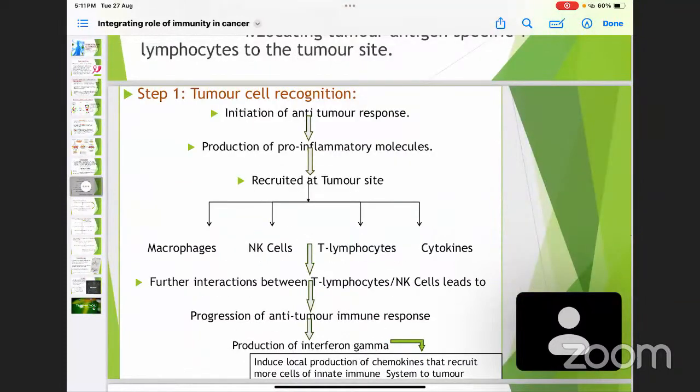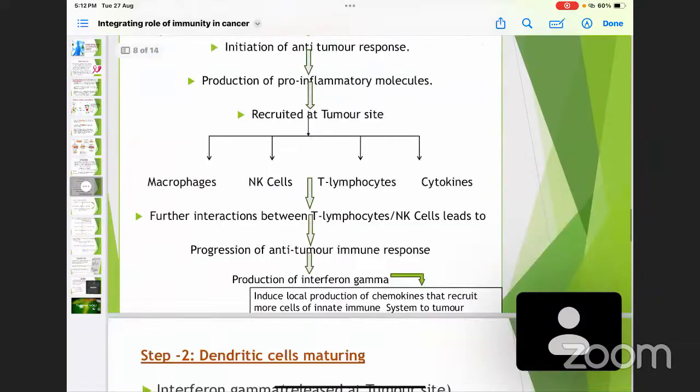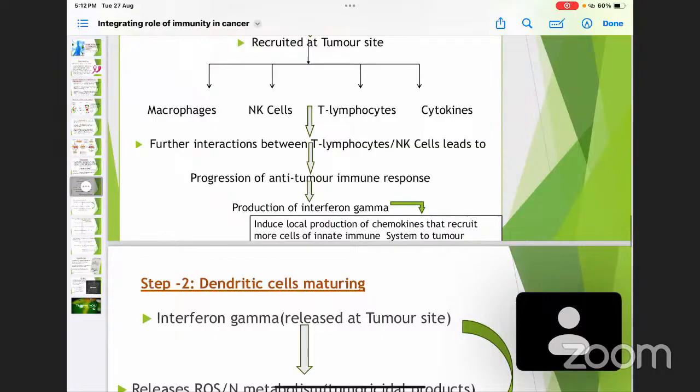It is then converted into the production of pro-inflammatory molecules, then recruitment at the tumor site. This leads to the recruitment of macrophages, natural killer cells, T lymphocytes, and cytokines, which leads to further interaction between T lymphocytes and natural killer cells, progression of the anti-tumor immune response, and production of interferon gamma, which induces local production of chemokines that recruit more cells of the innate immune system to the tumor.